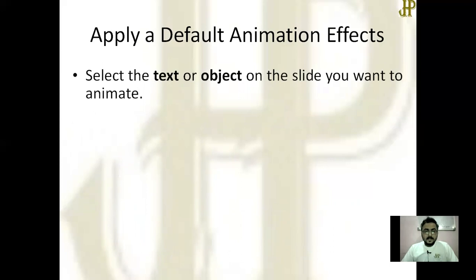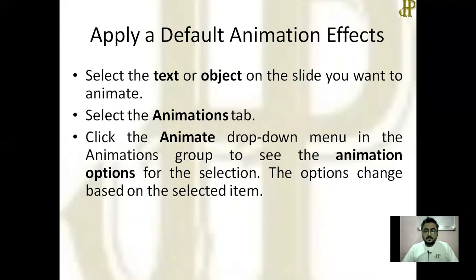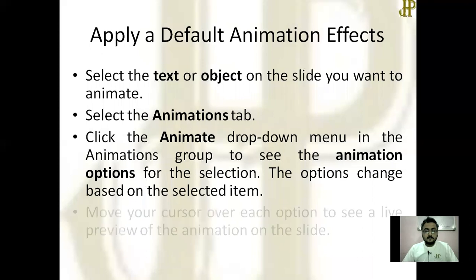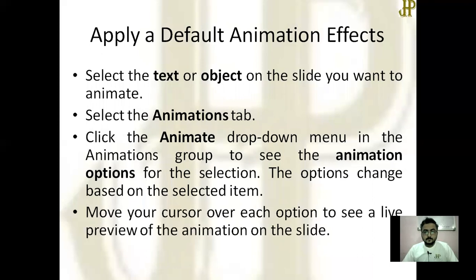Here you can see that each bullet sentence arrives with some animated effect, one by one. I have done this with the help of the default animation effect. So how to do this? Select the text or object on the slide, whatever you want to animate.